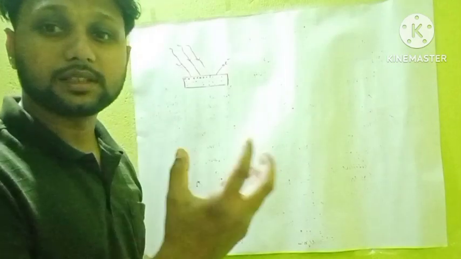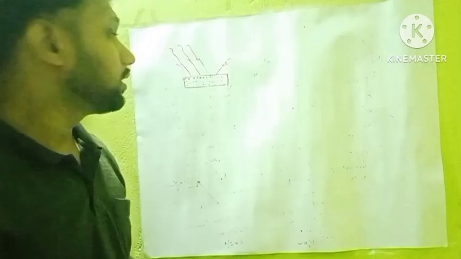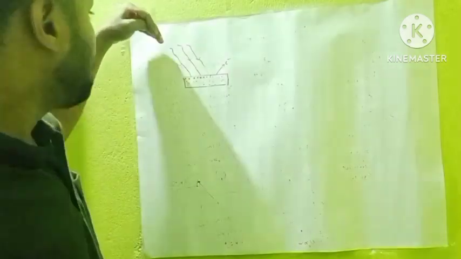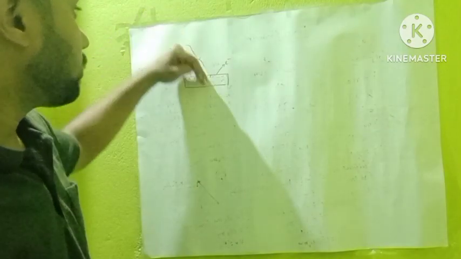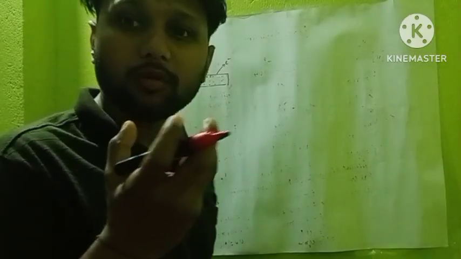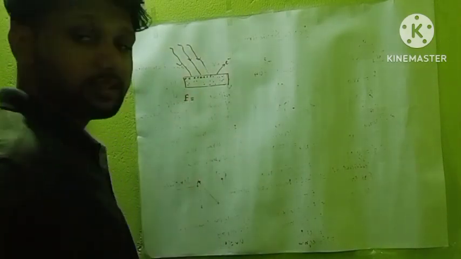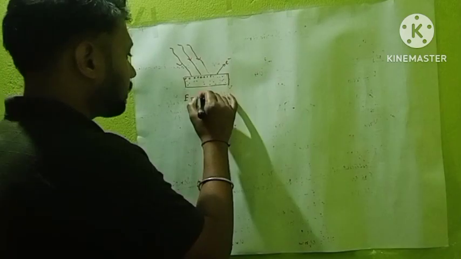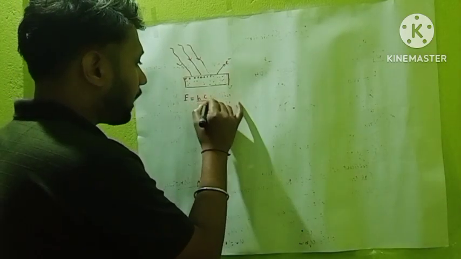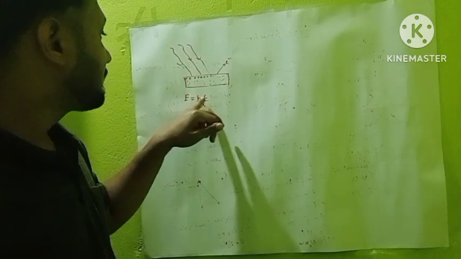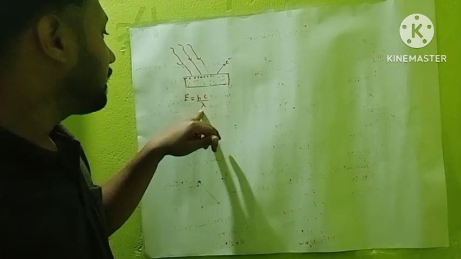Now, light is a form of energy, and this energy is represented by hc by lambda, where h is Planck's constant, c is the speed of light, and lambda is the wavelength of the light.